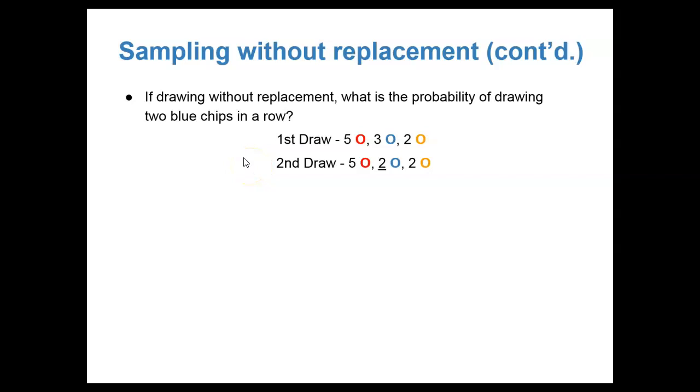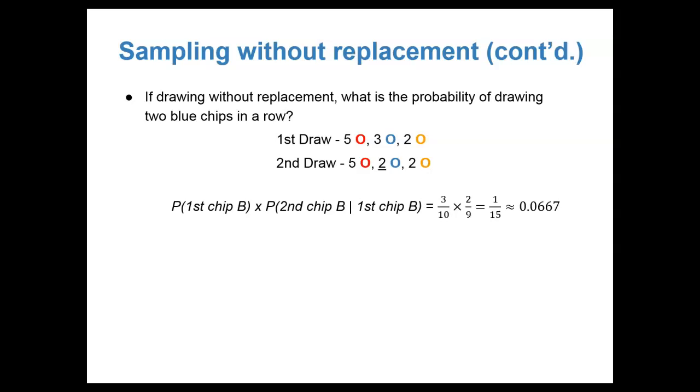So using the general multiplication rule, we first take the probability that the first chip drawn is blue, which is 3 out of 10, and then multiply that by the conditional probability that the second chip is blue, given the first chip was blue, which is 2 out of 9. We get 1 out of 15, or approximately 667 10,000ths.